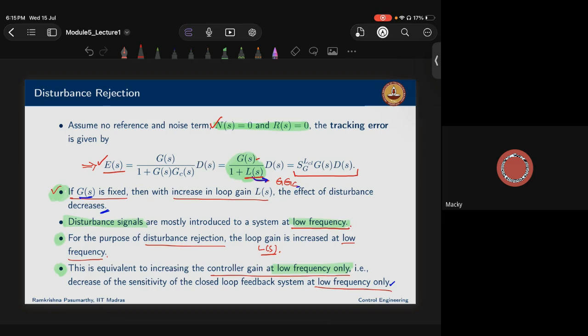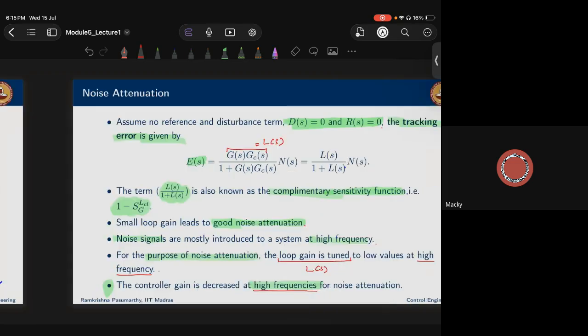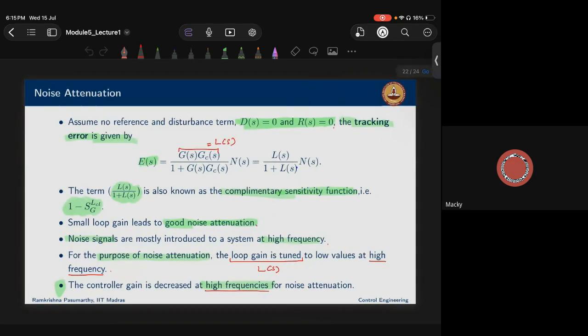In that way you can reject the disturbances. Similarly, you make the disturbance zero and reference input also zero. Then you'll have only the noise input. In that case, this is your expression, making the other two terms zero. Here also it works in a similar way.